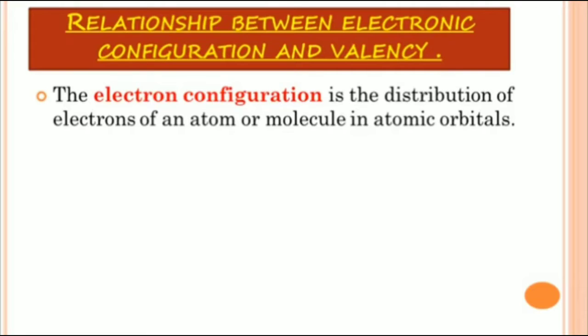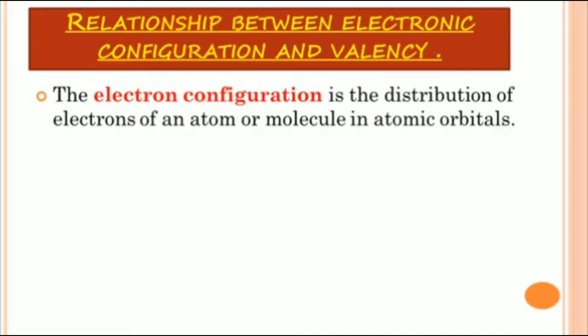The electronic configuration is the distribution of electrons of an atom or molecule in atomic orbitals. That means the distribution of electrons of an atom in atomic orbitals is known as electronic configuration.